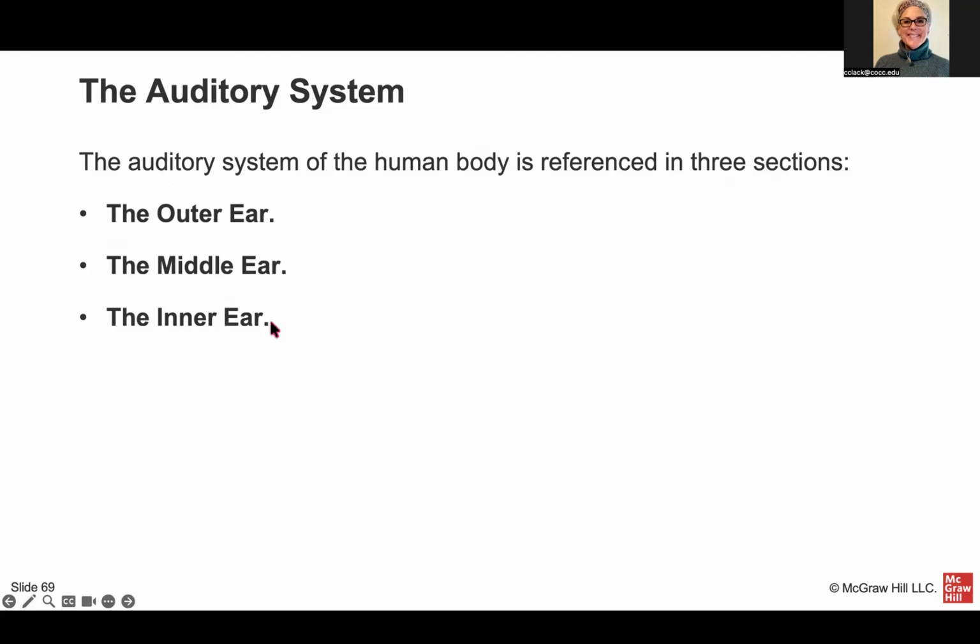The auditory system is organized by anatomic region. We have the outer ear, the middle ear, and the inner ear. Outer ear procedures are included on the pinna, which is the visible ear structure, and the external auditory canal and eardrum. Middle ear procedures include myringotomy, which is an incision into the eardrum, often for ear tube placement.